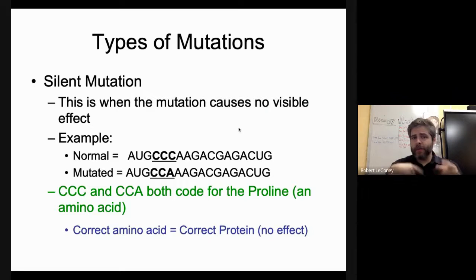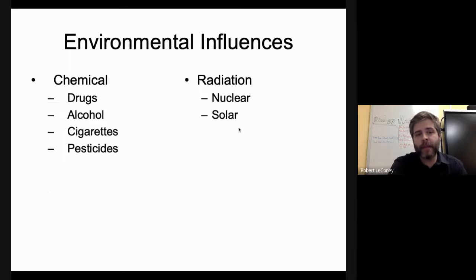By the way, guys, if I'm going too fast, please feel free to slow me down. Ask me to go back a slide, whatever. I only got one more slide left anyway. Environmental influences, things that could cause one of these mutations to happen. Remember, I said mutations usually happen during DNA replication, right? Well, here's things that could disrupt that replication. Taking drugs, because DNA replication is a chemical reaction, and drugs are chemicals.